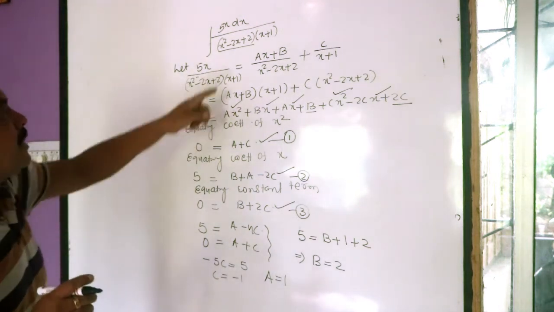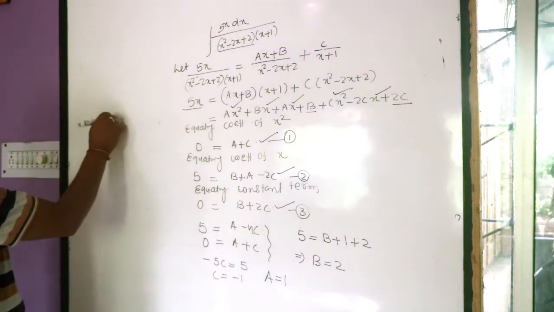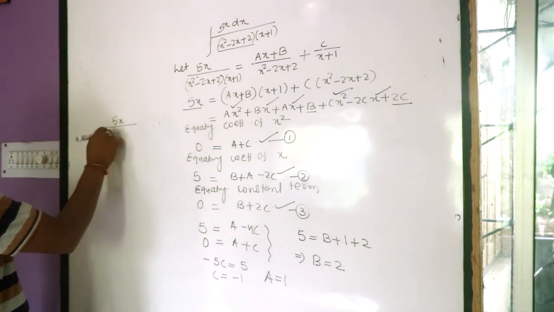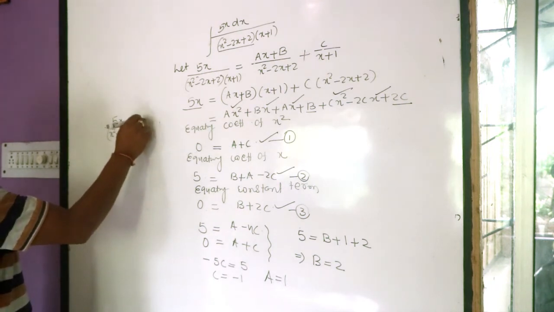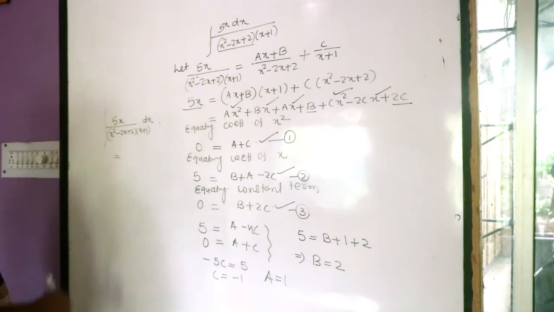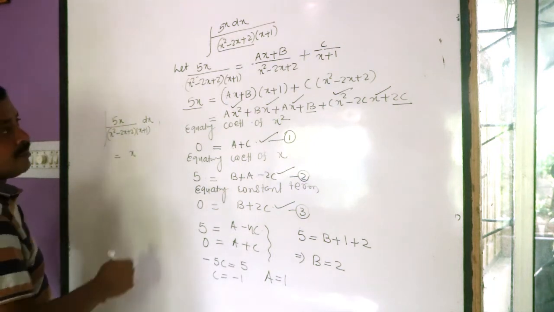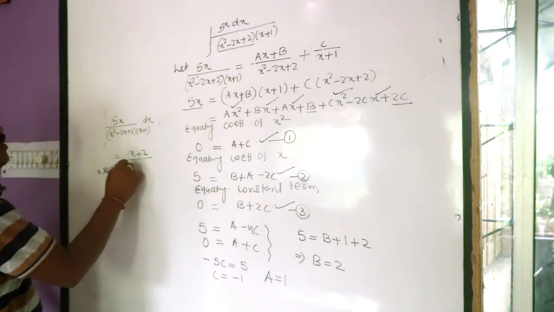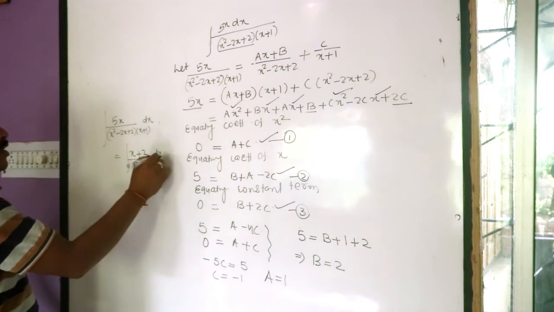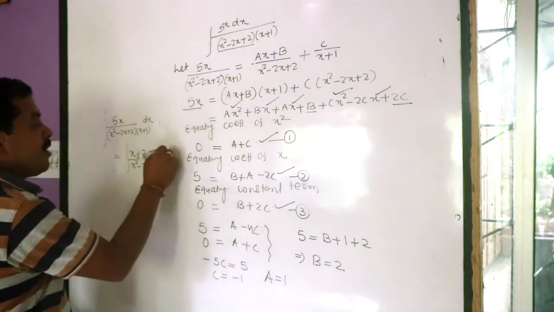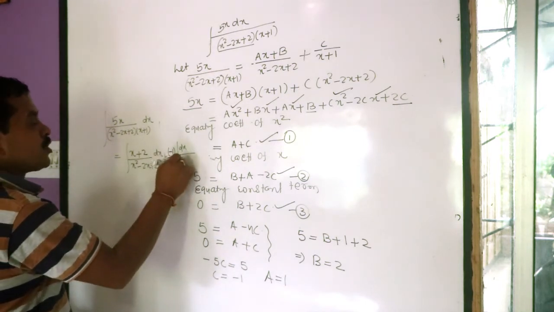Now, putting these values of the constants, we have the integral of 5x by (x squared minus 2x plus 2)(x plus 1) dx as, instead of a we put 1, here we have x, b as 2, (x plus 2) by (x squared minus 2x plus 2), plus c as minus 1, dx by x plus 1.